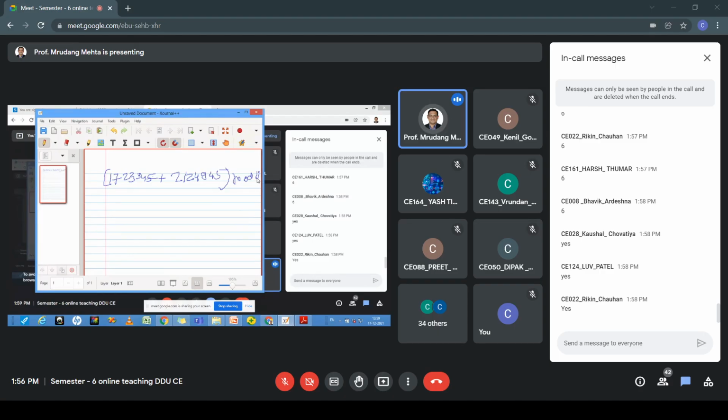So what do we do? What is our next step as per the property? 1, 7, 2, 3, 3, 4, 5 mod 11 plus 2, 1, 2, 4, 9, 4, 5 mod 11, and the whole bracket mod 11, right?